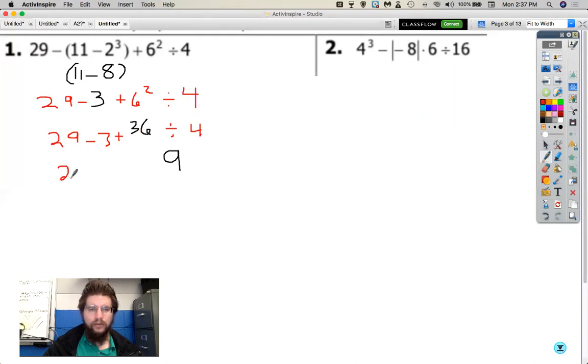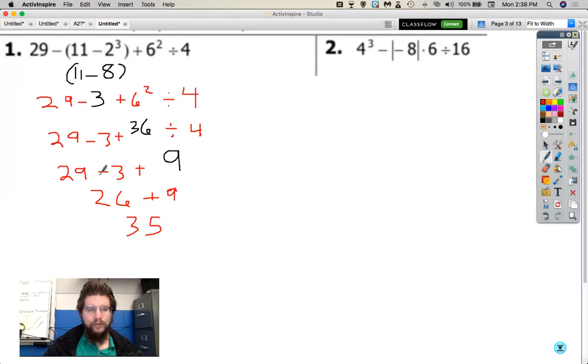So now I have 29 minus 3 plus 9. And again, we have to go from left to right. All we have is addition and subtraction left. So we're going to do that from left to right. 29 minus 3, that's 26, plus 9, which is 35.